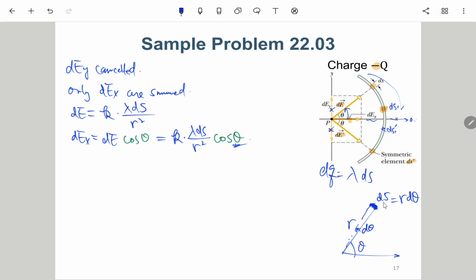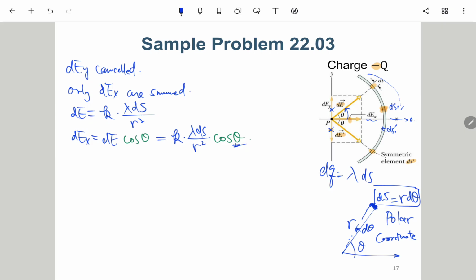So here we have this expression for the polar coordinate. Polar coordinate, 极坐标.